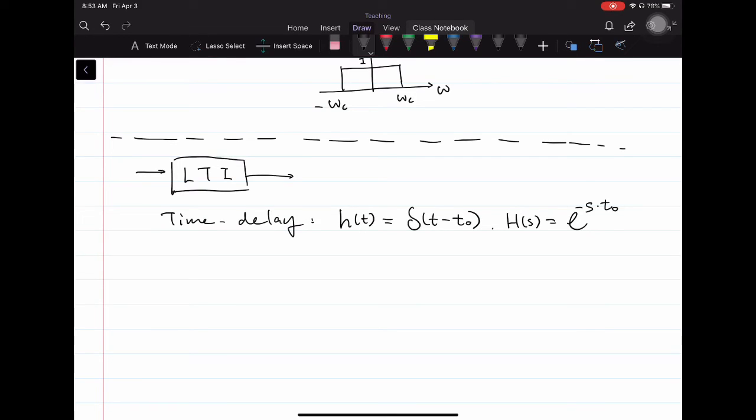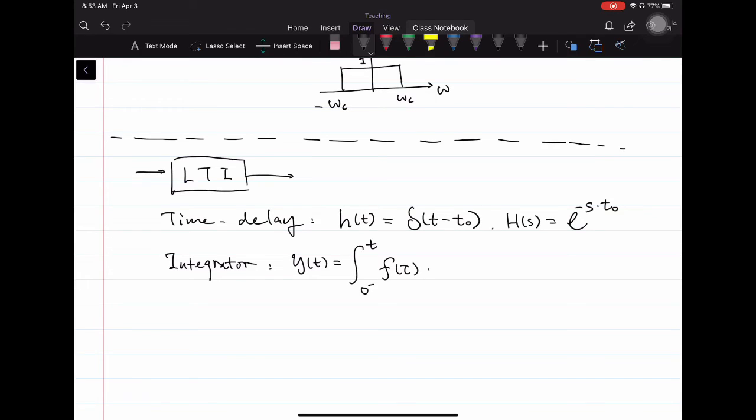So this is a simple example. Now, other things that are worth mentioning, for instance, we can have an integrator. Integrator means the output y of t is equal to the integration of my input.